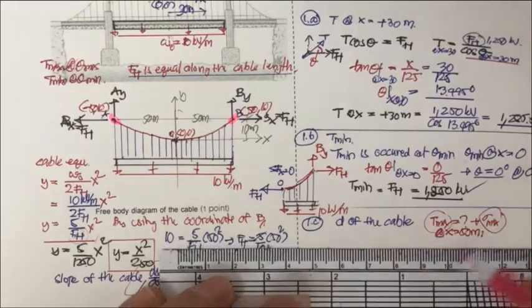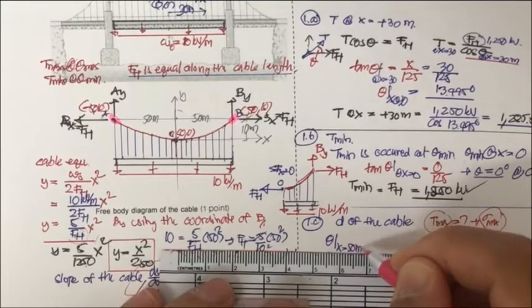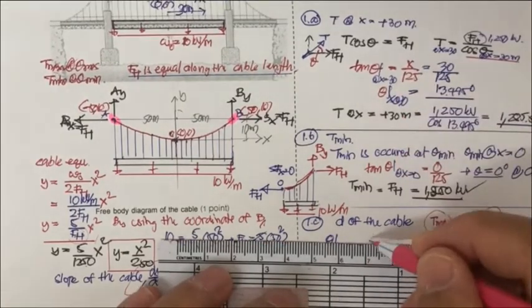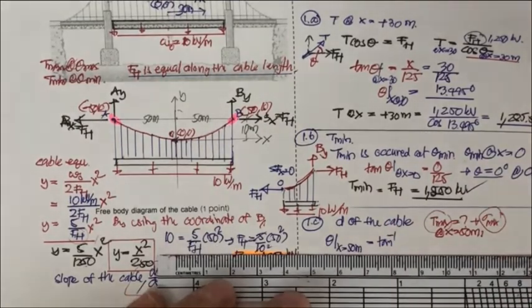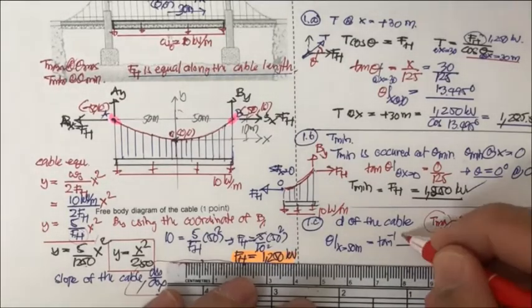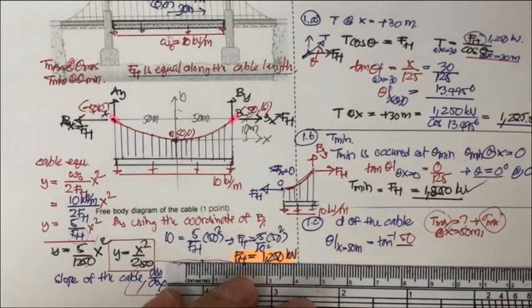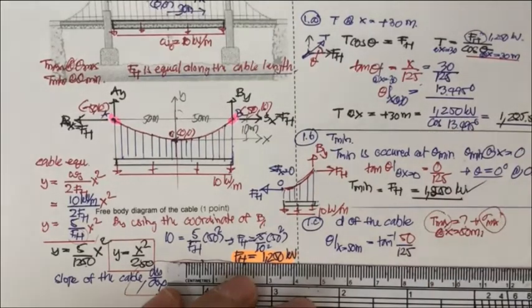The theta at x equal to 50 meter from this equation is going to be arc tan, the inverse tan of what? This one: x is 50, divided by 125.